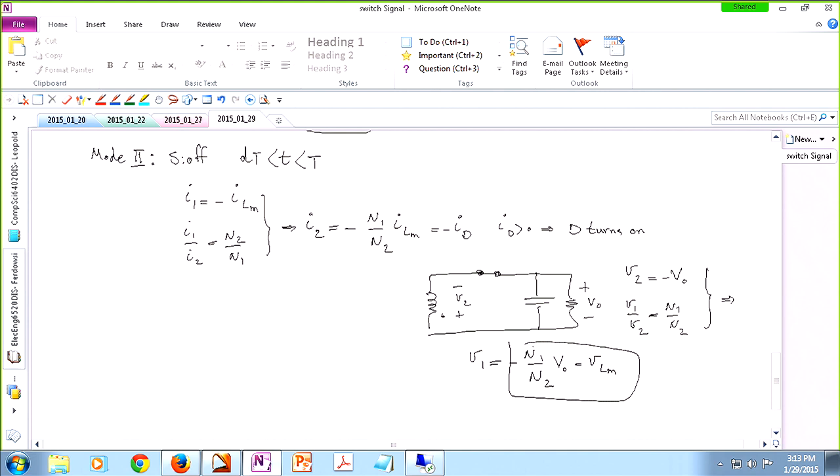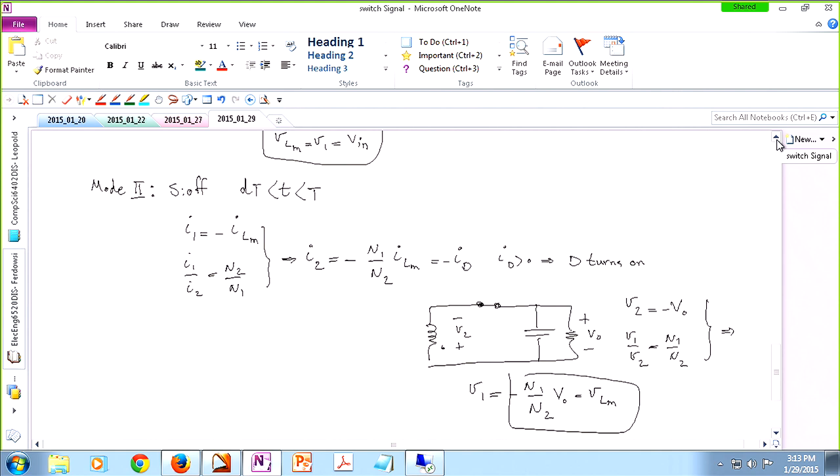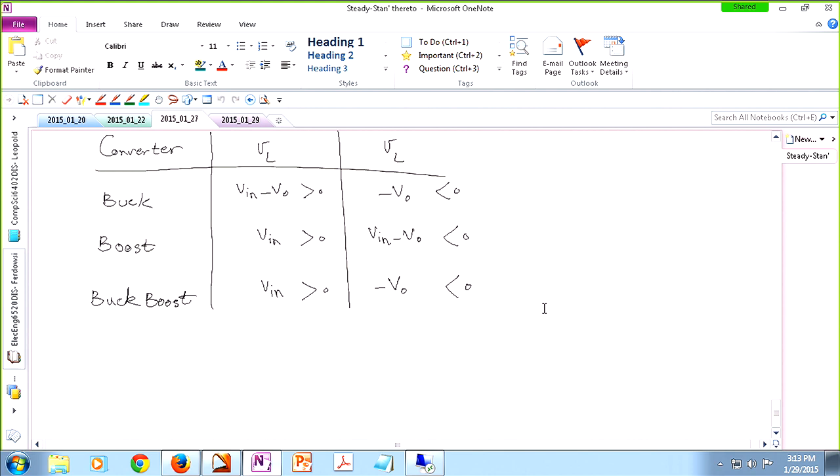A buck, a boost, or a buck-boost? Buck-boost. If you look at the table that we had last time, switch on, Vin is applied; switch off, something proportional to V out, or negative V out, is applied. Buck-boost was the only topology that resembles that. So the flyback converter is an isolated version of the buck-boost topology.